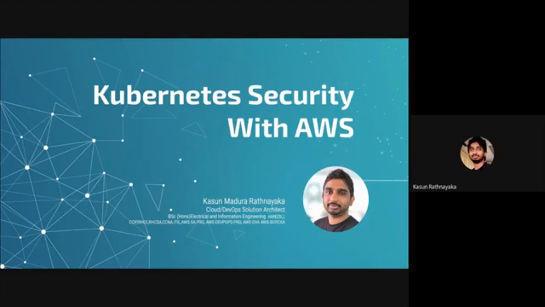It's hard to give more details within an hour. For any security topic, we would definitely need a boot camp of 2-3 days. Anyway, I'm trying my best to give you some idea about how we can implement Kubernetes security and what the main areas are that we need to consider when working with Kubernetes on AWS. Let's get the ball rolling now.